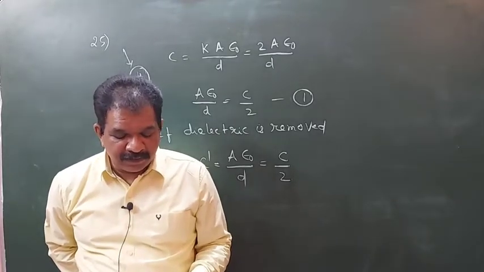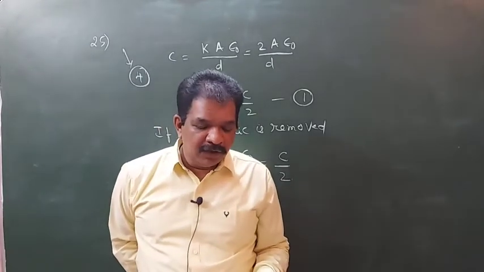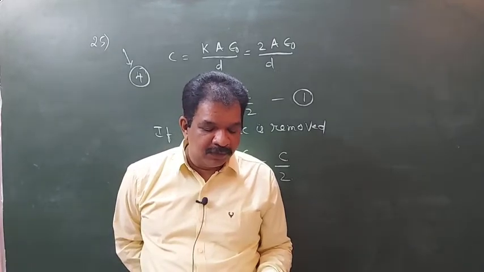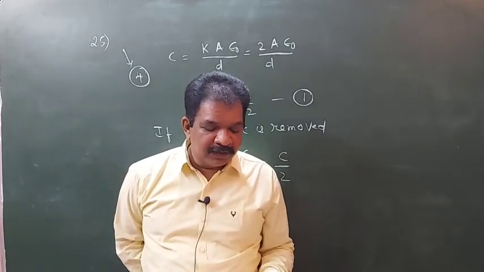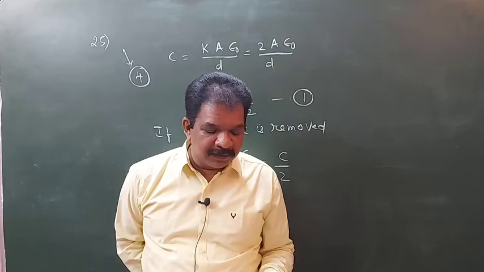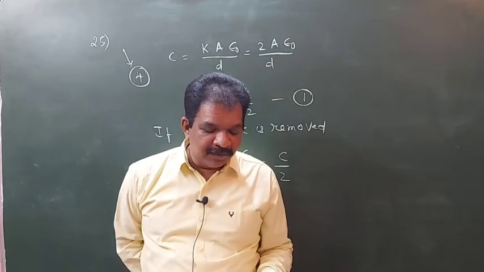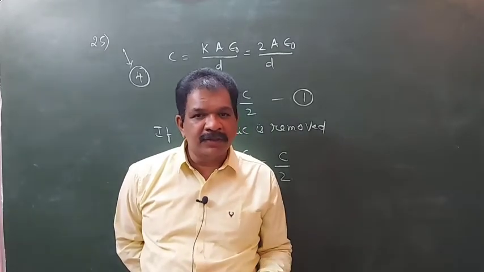Next, 27. A sheet of aluminum foil of negligible thickness is introduced between the plates of a capacitor. The capacity of the capacitor won't change.